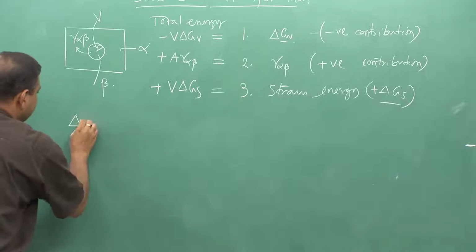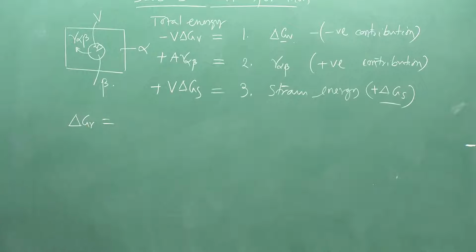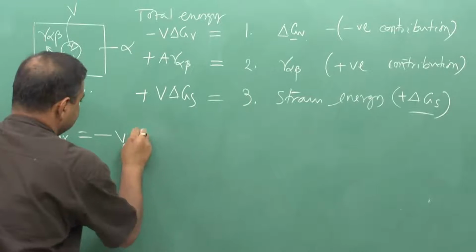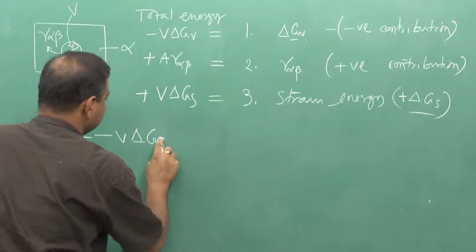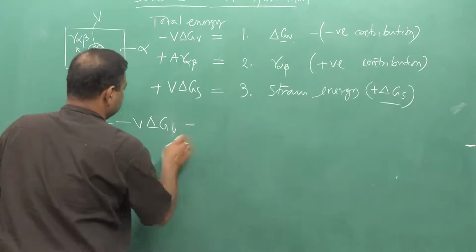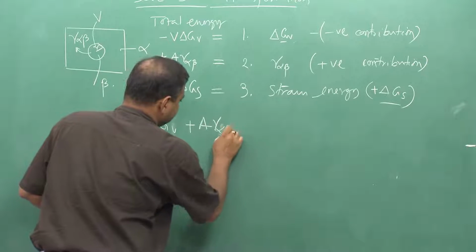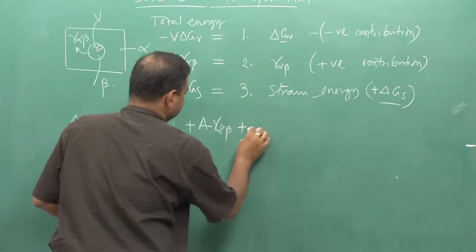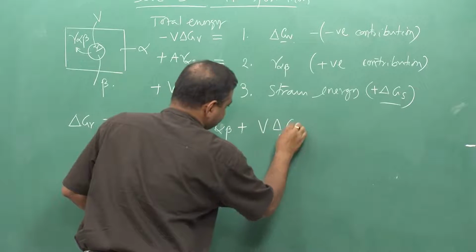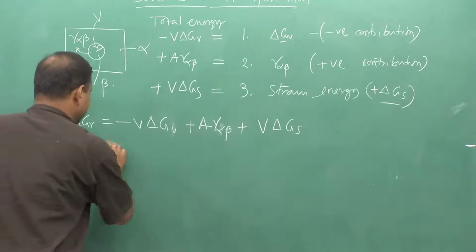So, now if I try to find out the total free energy change, it would be minus V delta Gs.